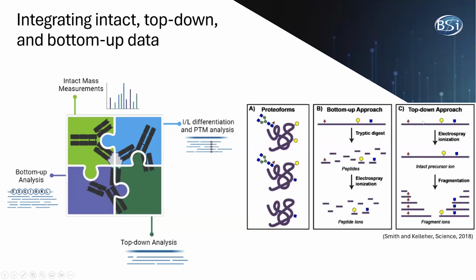So we can keep track by injecting the intact protein and recording the intact mass prior to doing fragmentation. We can then build back up the top-down fragment ions to match the intact mass of that ADC product, all while identifying the conjugates and determining how many conjugates are part of the same molecule.